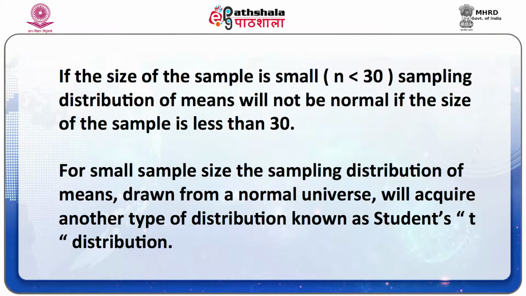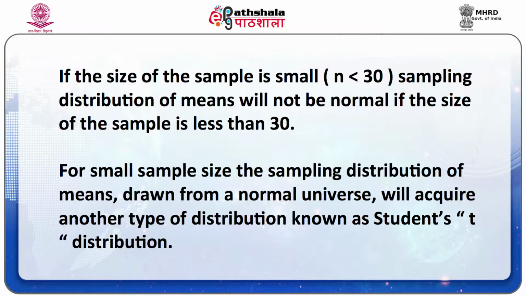However, when the size of the sample becomes less than 30, we do not apply the findings or the properties of the large sample test. We have to enter into something known as small sampling theory.